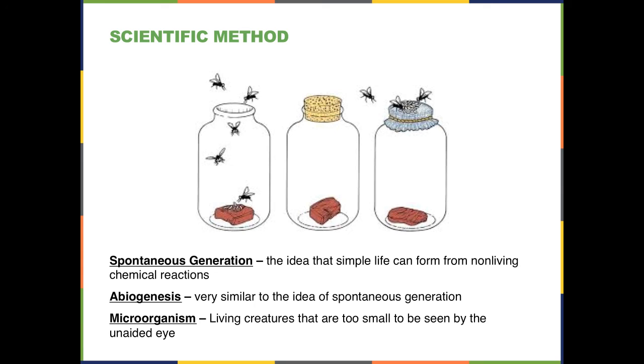The third was covered with a permeable material that allowed the smell and so forth, and the flies would come and the maggots formed on the top. And what this proved is that the meat was not the genesis of the maggots, but the flies were the genesis of the maggots, and the maggots represented the larval forms of the flies. And so that was one of the proofs that was used in the old days to prove that spontaneous generation did not occur.